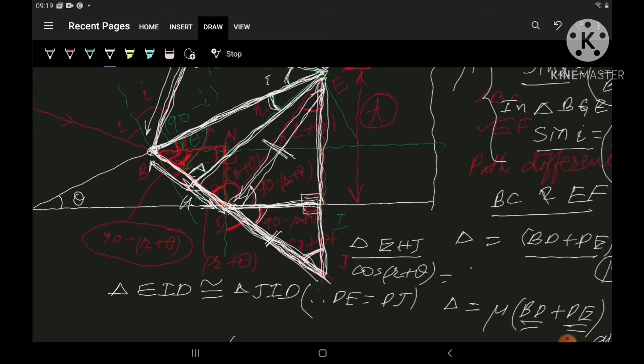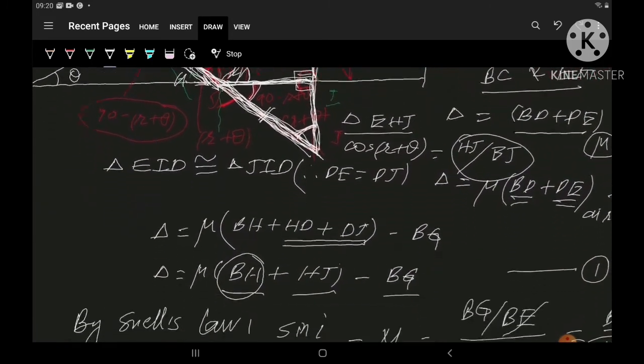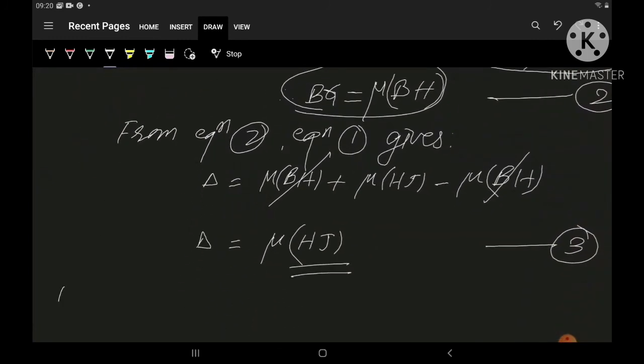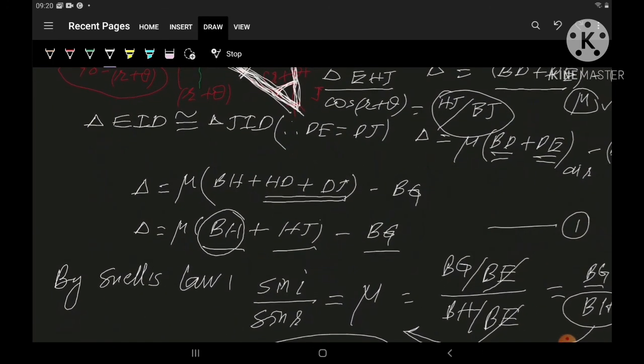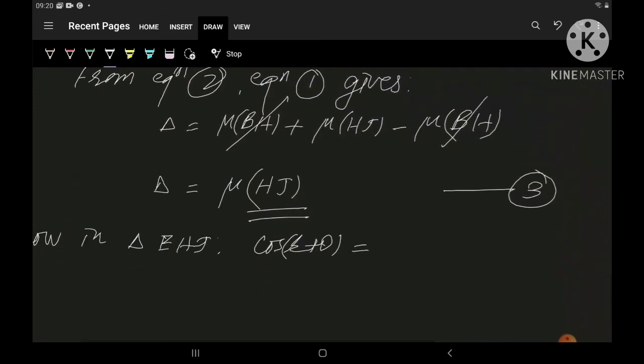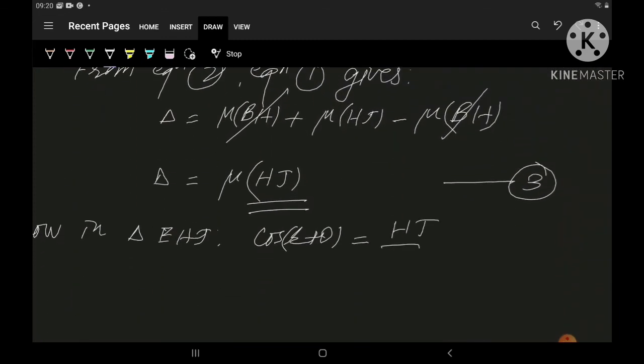Base means HJ upon hypotenuse means EJ. So HJ upon EJ, and HJ will be equal to EJ cos of r plus theta.